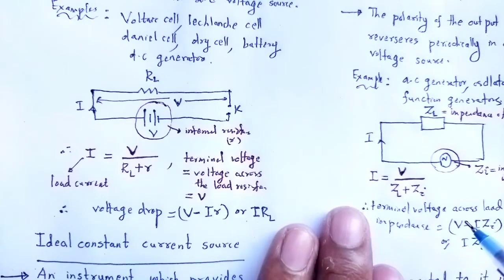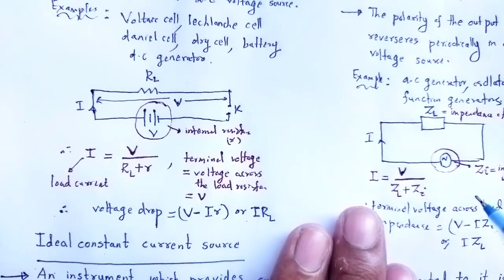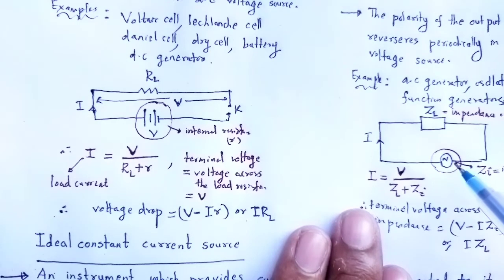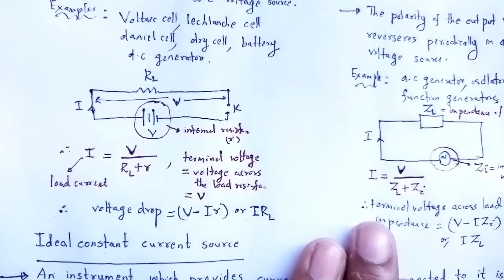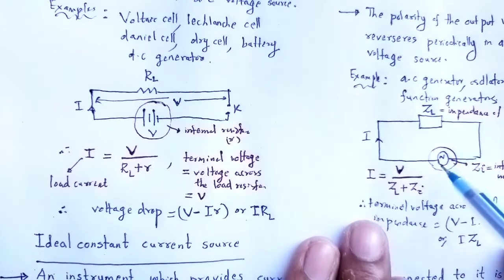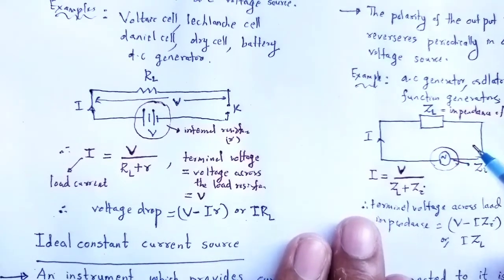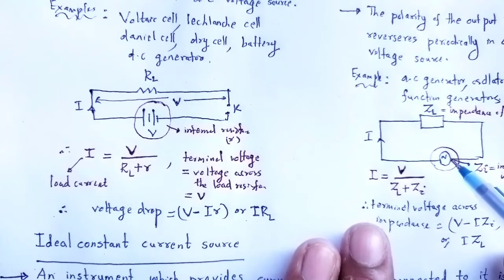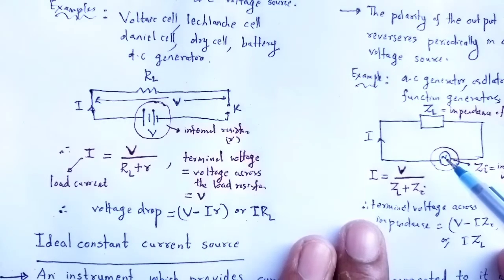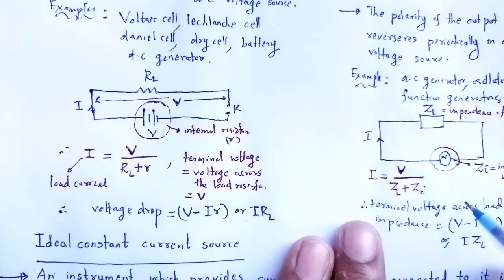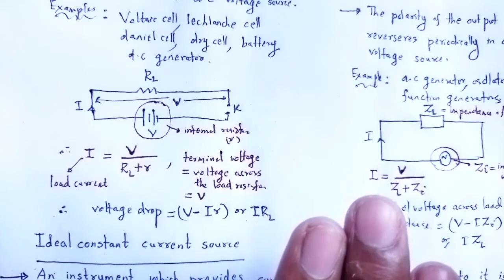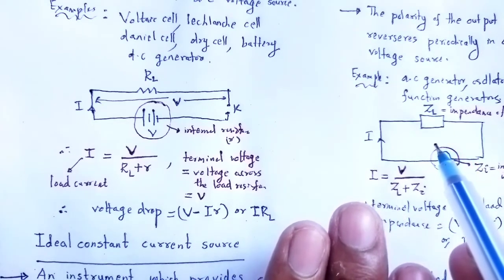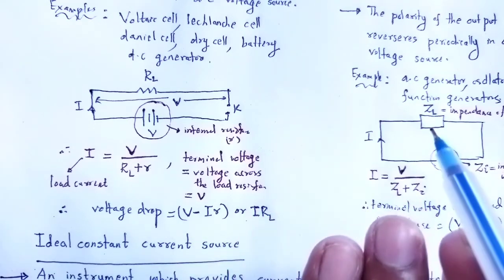Look here, when the internal resistance or internal impedance of a voltage source is 0, then there will be no such voltage drop here. So, the voltage drop will be 0.